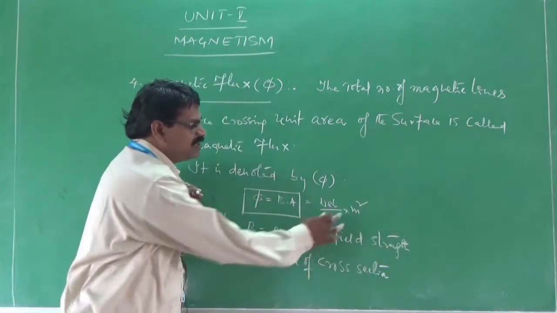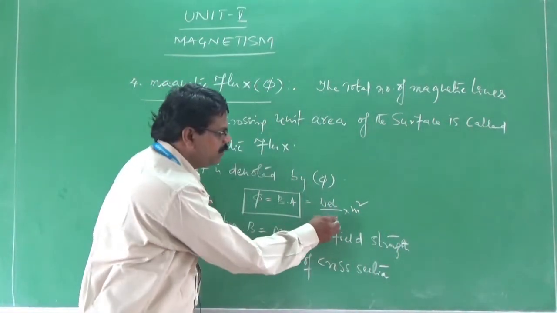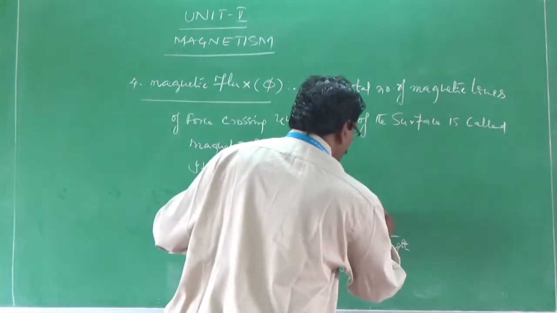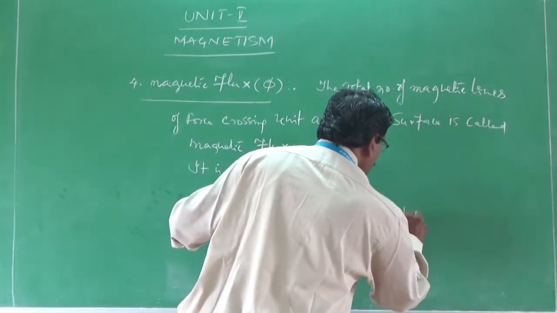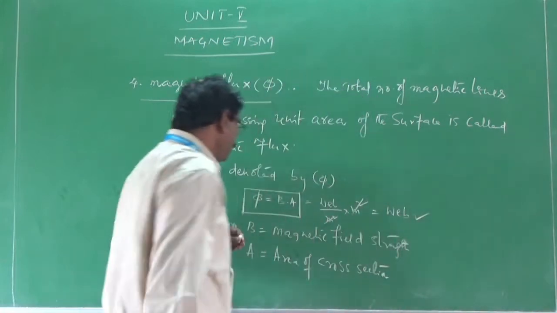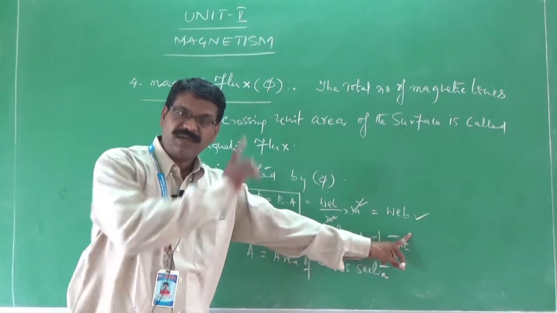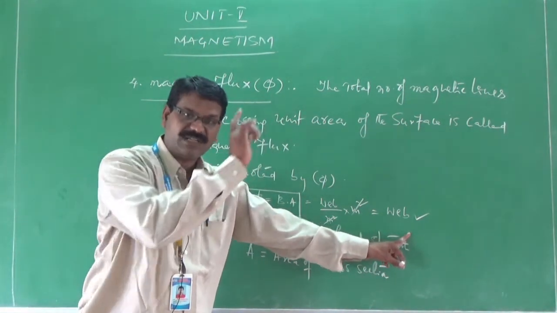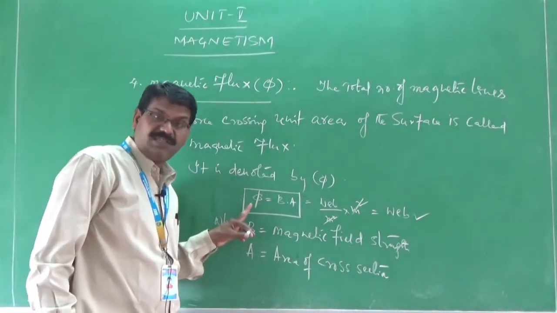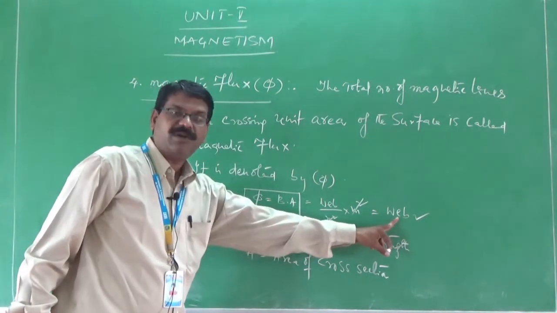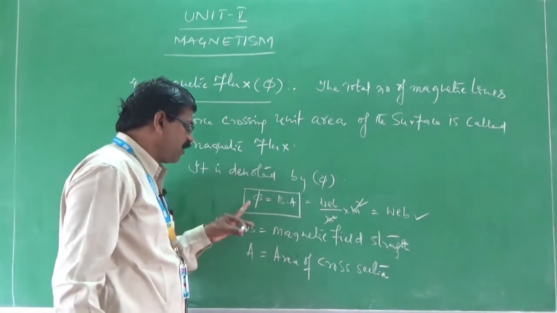If you cancel the meter square with meter square, the remaining term is Weber. So we accept that the SI unit of magnetic flux is Weber. Magnetic field strength is measured in Weber per meter square, whereas magnetic flux is measured in Webers. This is the ultimate SI unit of magnetic flux phi.